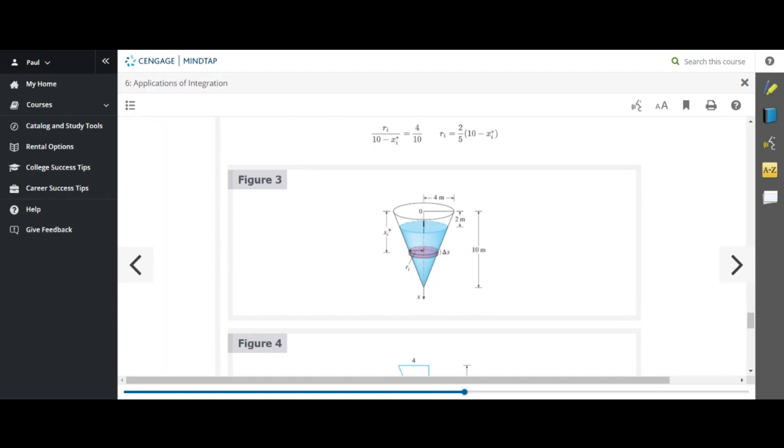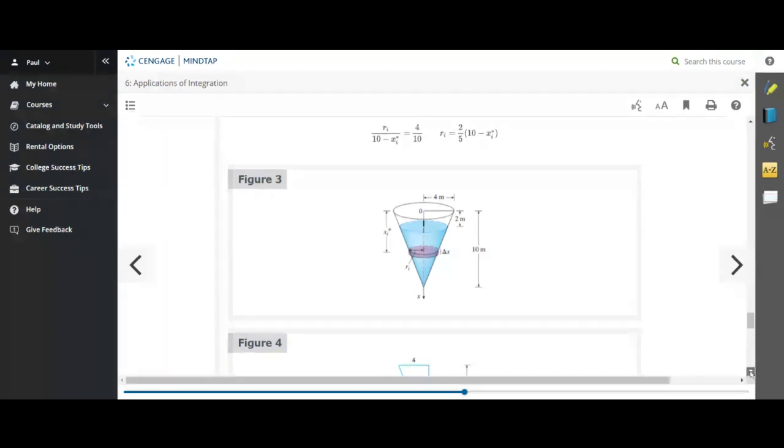Of course, in this problem the integral is going to be an integral with respect to x. So for the radius of the ith layer of water, that ith cylinder of water, we need to find what that radius is in terms of x sub i. We can use similar triangles from your geometry days.